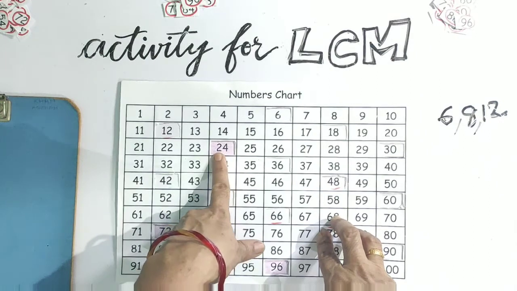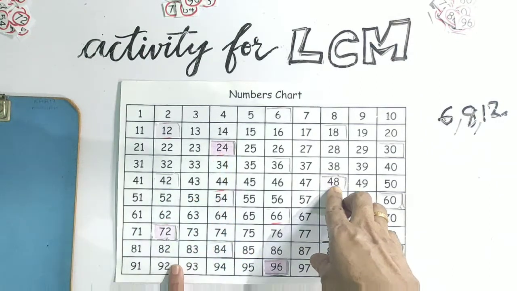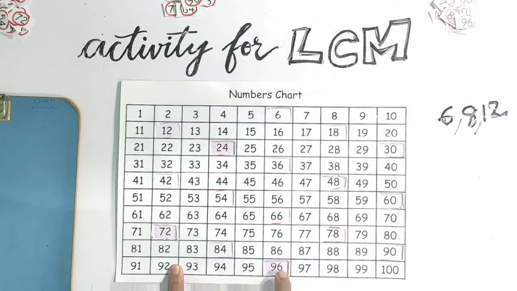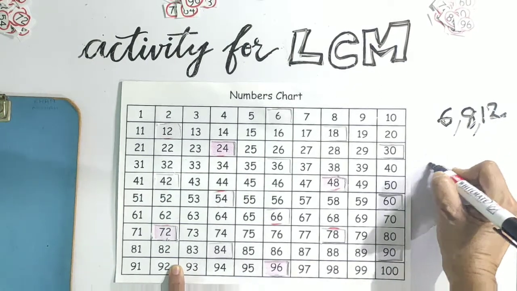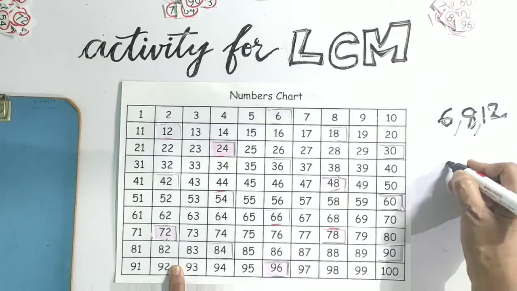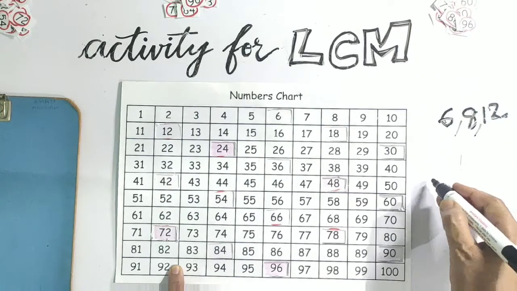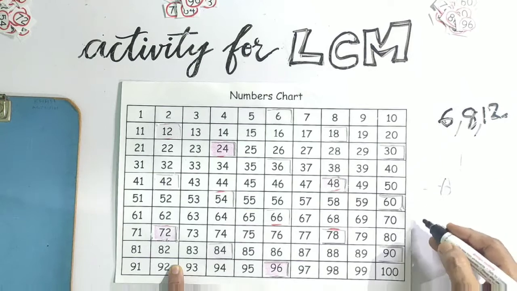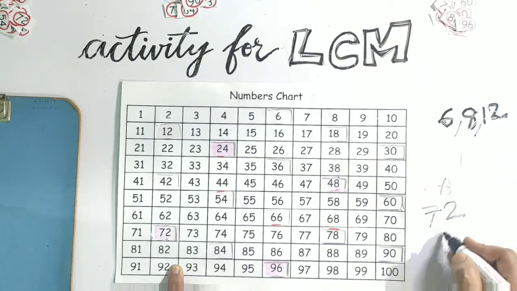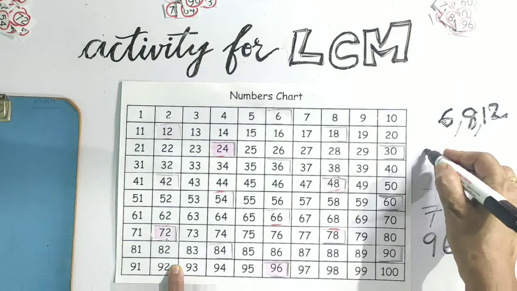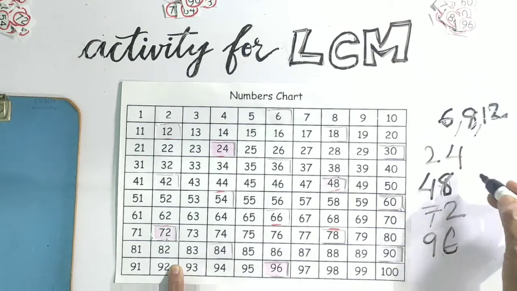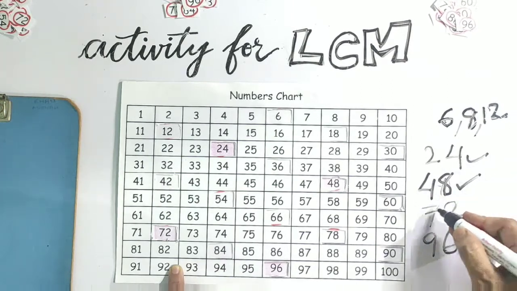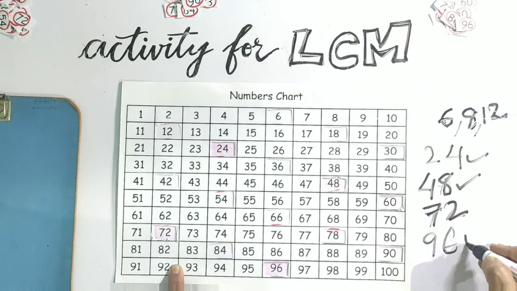See here, this is 24, 48, then 72 and 96. So the common multiples of 6, 8 and 12 are 24, 48, 72 and 96.